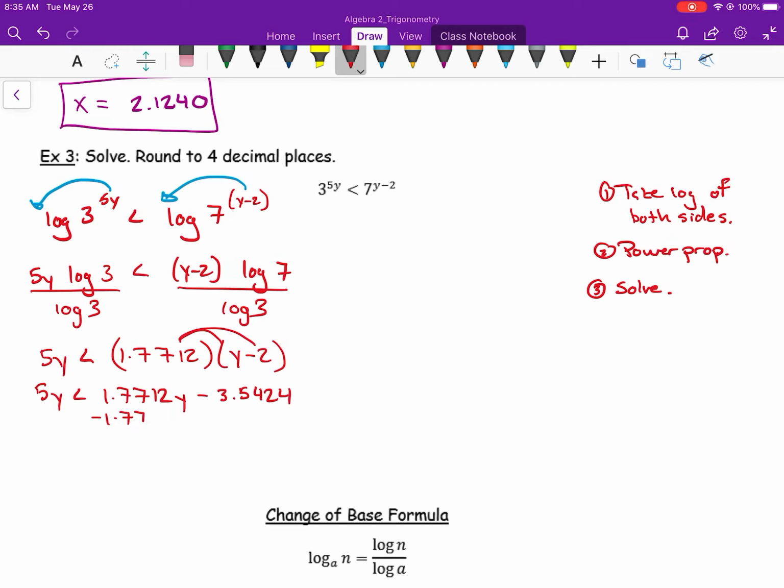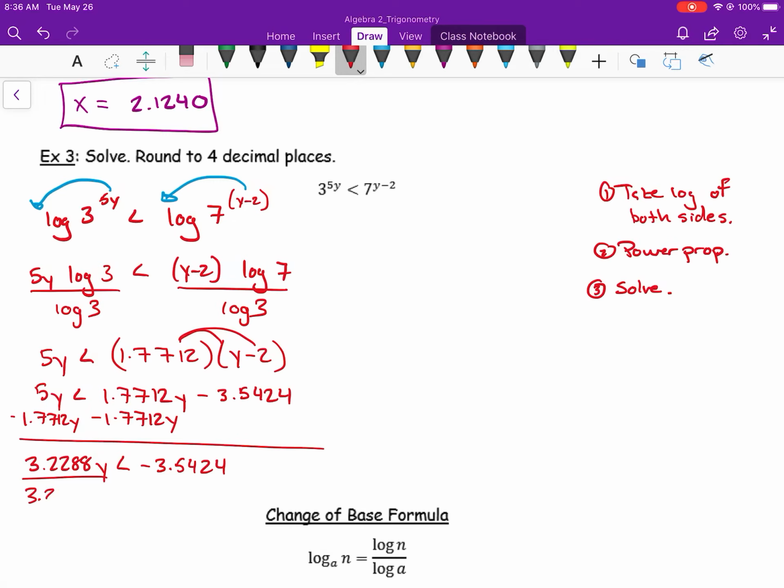Subtract 1.7712y. 5 minus 1.7712 turns out to be 3.2288, so 3.2288y is less than negative 3.5424.